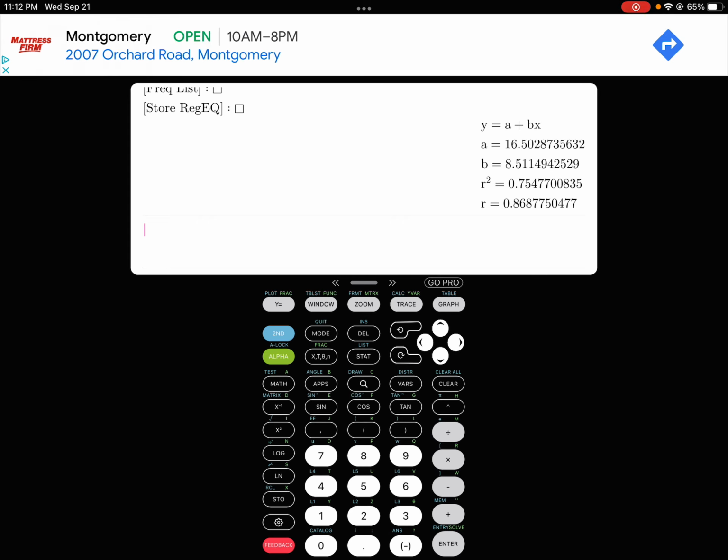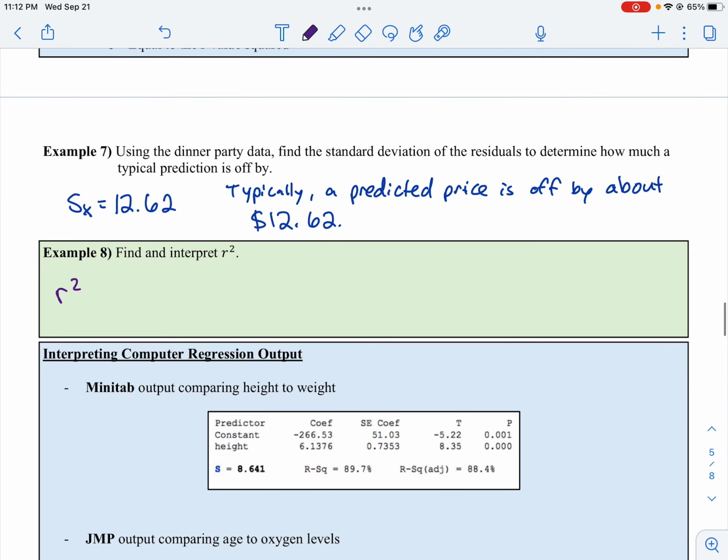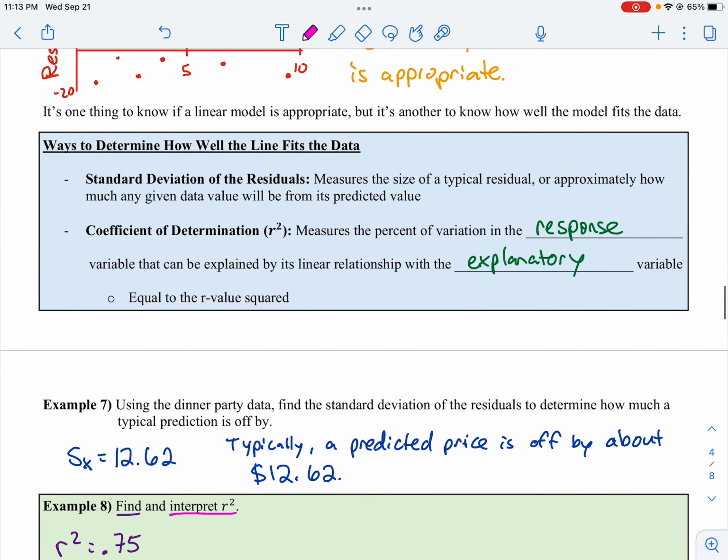R squared is 0.75. Okay, so that's the find portion of it. Now the interpret portion is taking its definition and putting it into context.